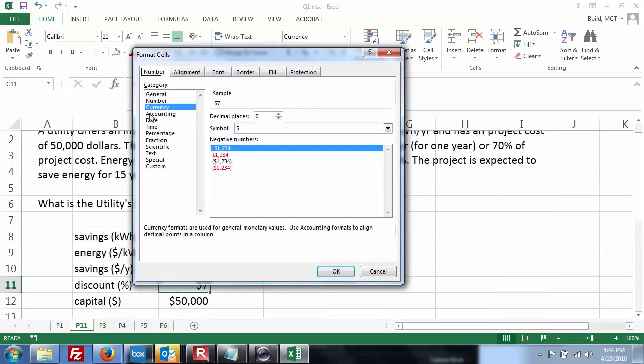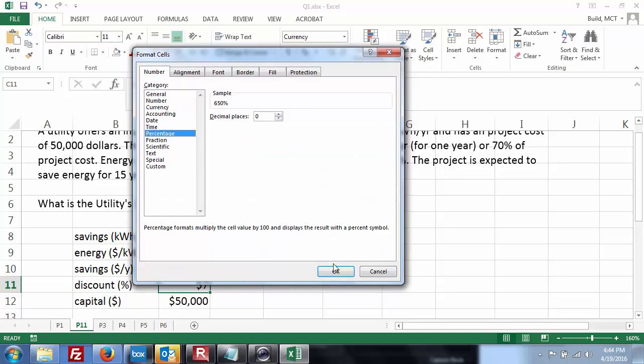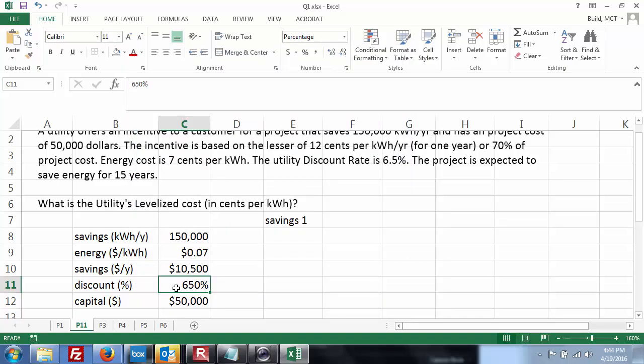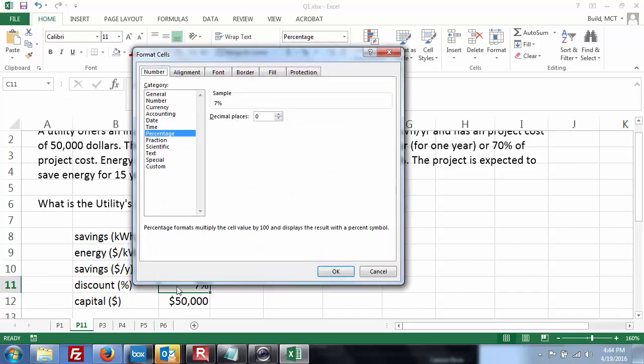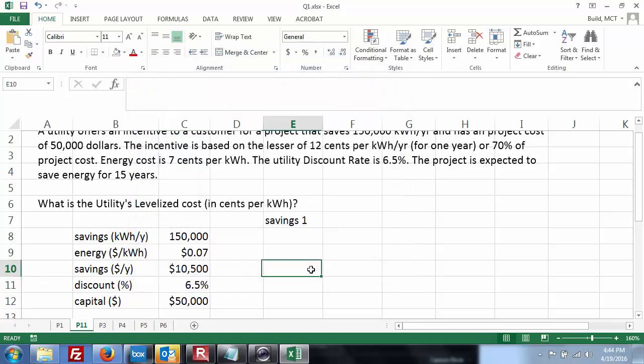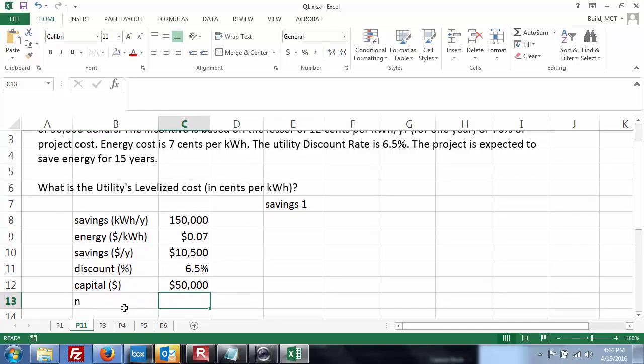Control 1, we'll put that in as a percentage. Okay. 6.5. Control 1 decimal place. Okay, N. This is in years. 15.